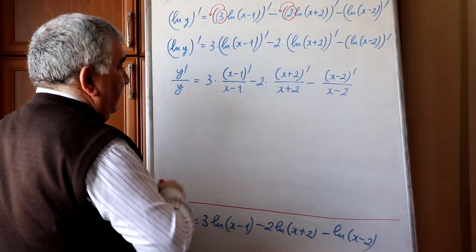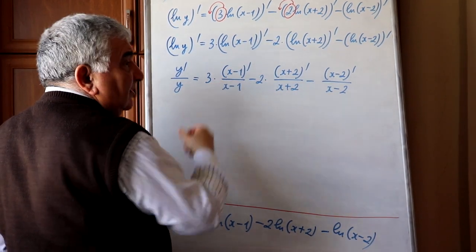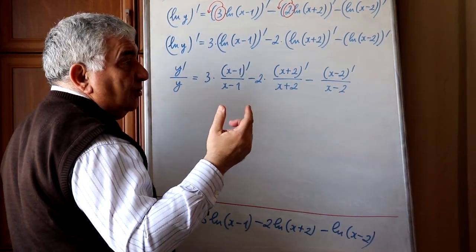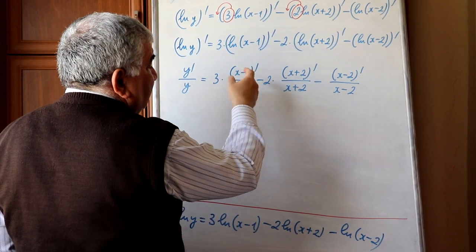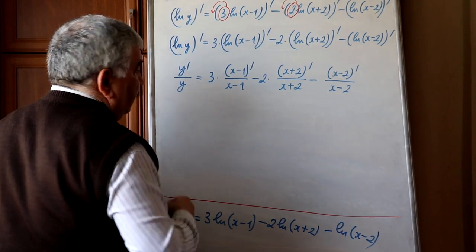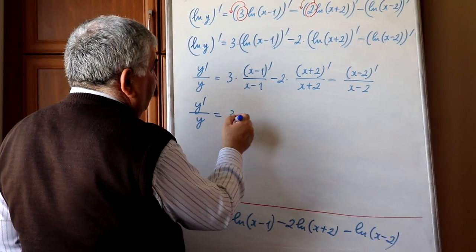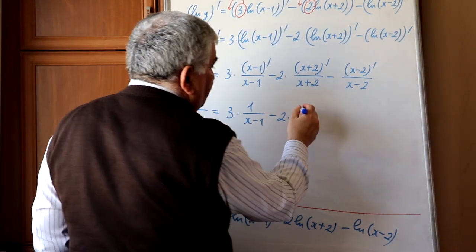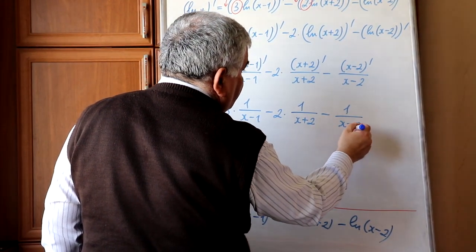The expressions in the parentheses are linear expressions, and you know that the derivative of a linear expression is equal to the slope, the coefficient. Here coefficient 1, here 1, and here 1. Therefore, these expressions will be units. Y prime over y equals 3 multiplied by 1 over x minus 1 minus 2 multiplied by 1 over x plus 2 minus 1 over x minus 2.